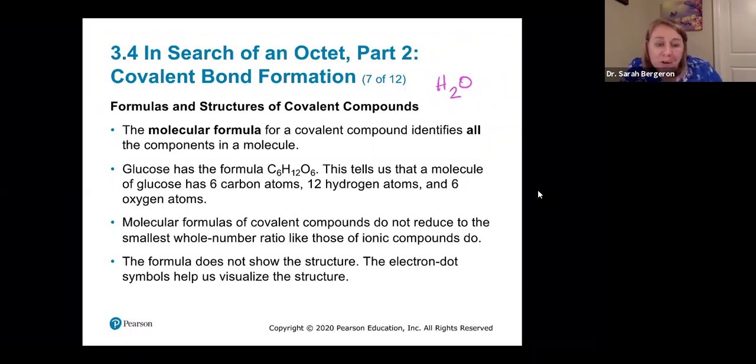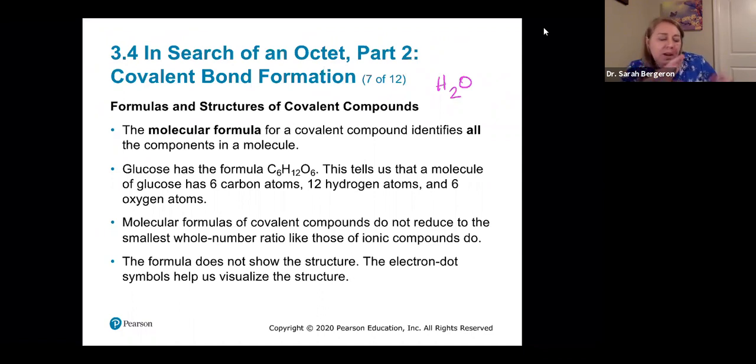Glucose or sugar has the formula C6H12O6. So that tells us in every single molecule of glucose, we have 6 carbon atoms, 12 hydrogen atoms, and 6 oxygen atoms.